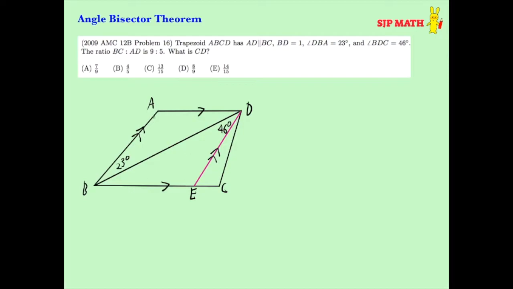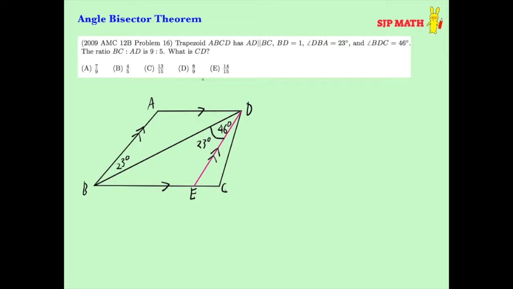So basically angle BDE is equal to 23 degrees. Just remember that 46 degrees is the measure of angle BDC, the entire angle.